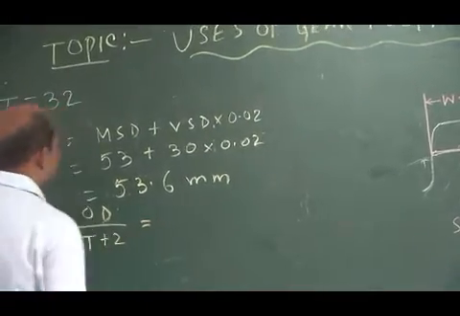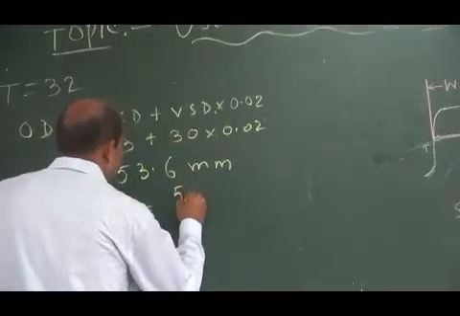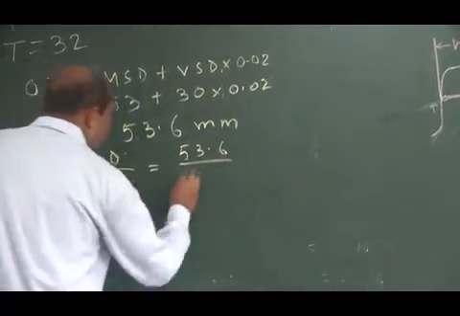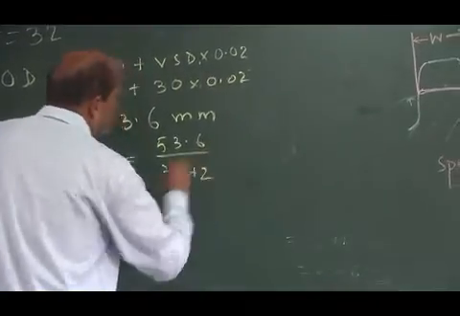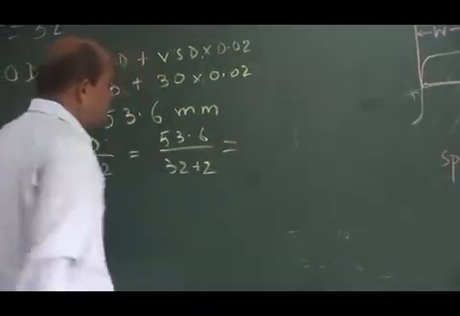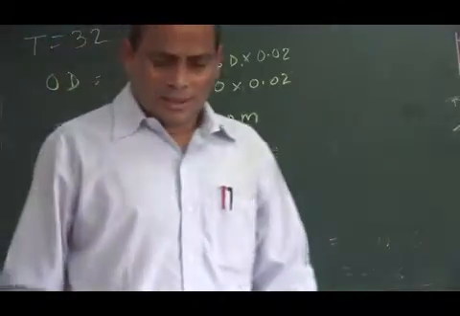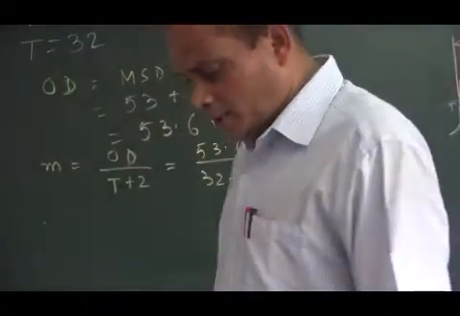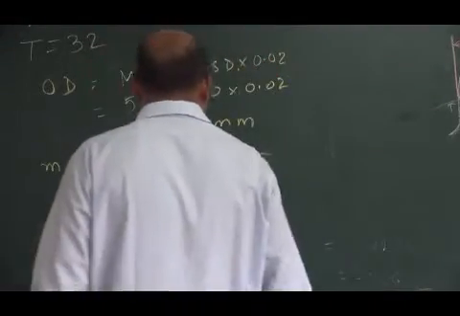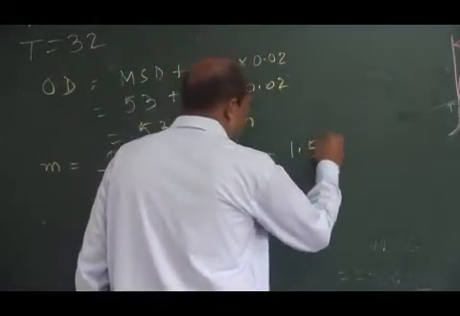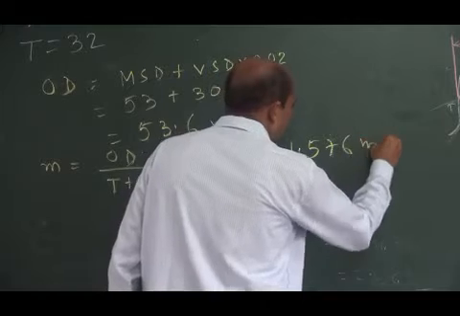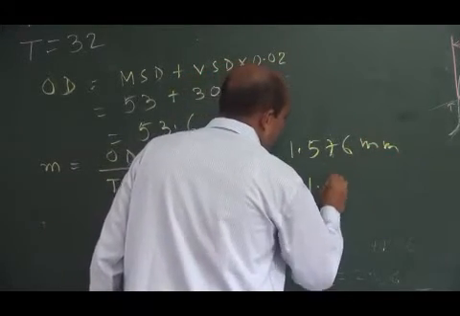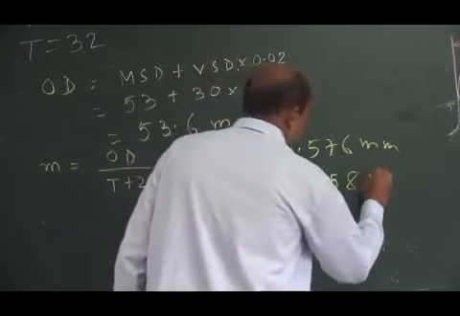So outside diameter, that is 53.6 divided by number of teeth, that is 32 plus 2, and the value is approximately 1.576 millimeter, equivalent to 1.58 millimeter.